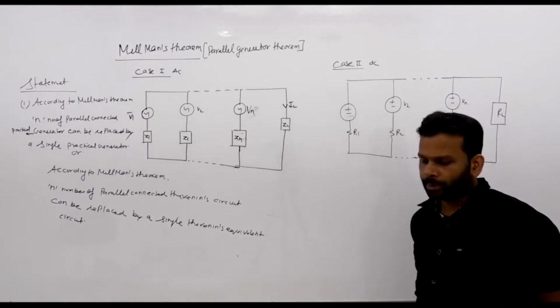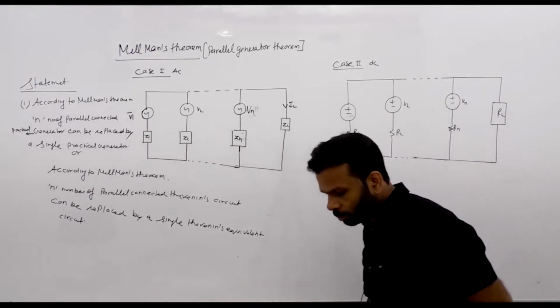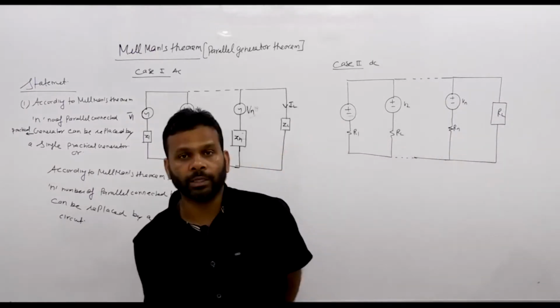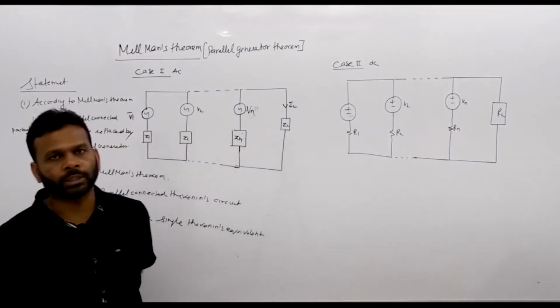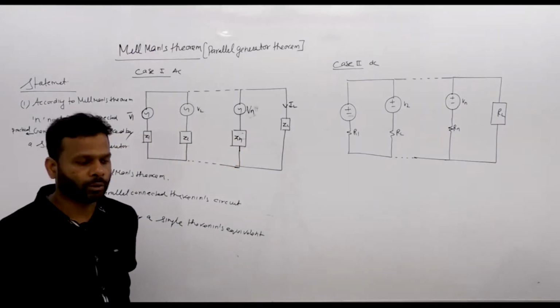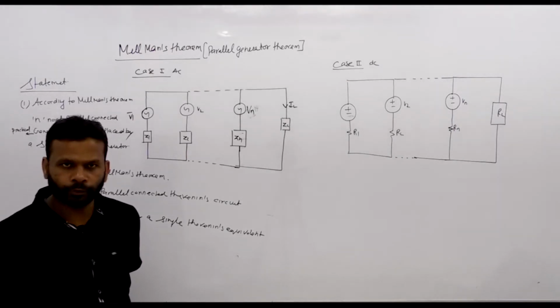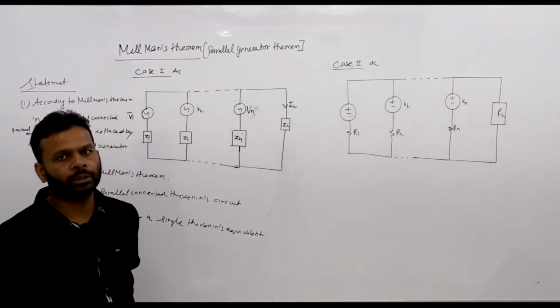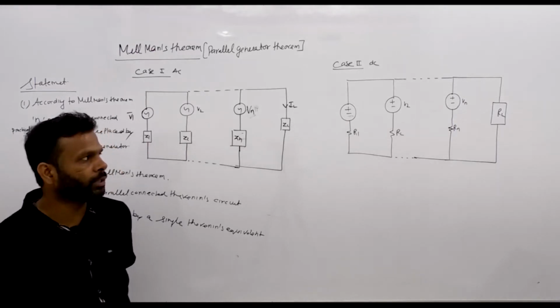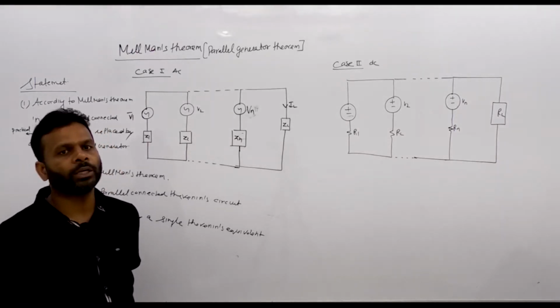DC के लिए स्टेटमेंट नहीं लिख रहे हैं। अगर मैं बात करूं इसके दूसरे की, ड्यूअल ऑफ मिलमैन्स थ्योरम। सो अगर ड्यूअल ऑफ मिलमैन की बात करूं, अभी आगे देखेंगे, n नंबर ऑफ सीरीज कनेक्टेड नॉर्टन सर्किट can be replaced by single equivalent Norton circuit.